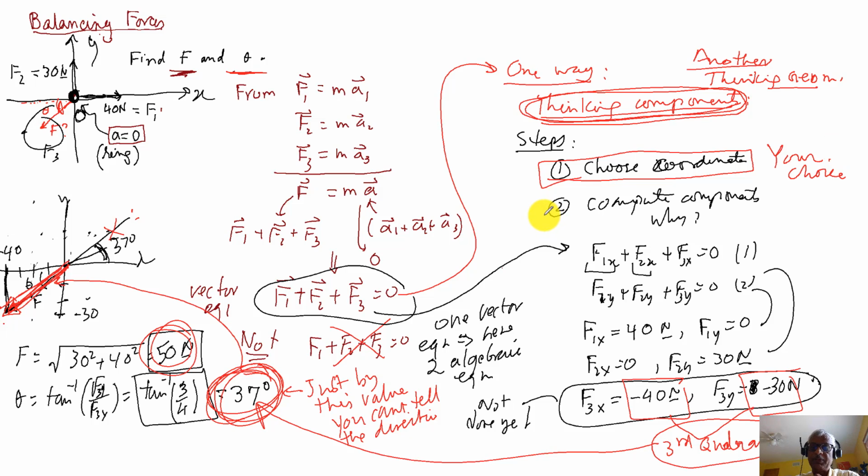Then you compute the components, get algebraic equations like this, plug into them, and solve the two equations, and that's pretty much it in terms of calculation. Then using those calculations, you can figure out the direction. The direction requires one more step, recognizing which quadrant the force points to, and from there you can tell the direction.